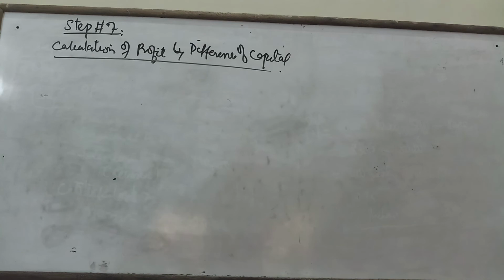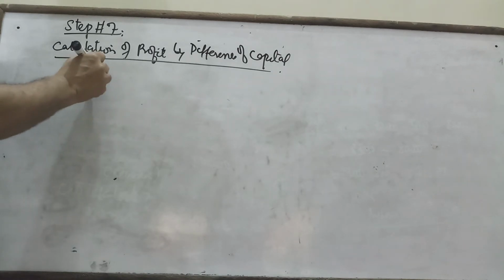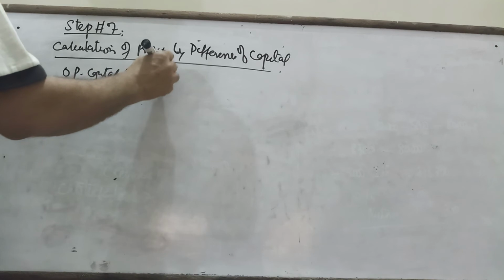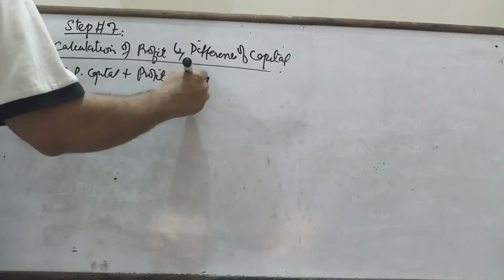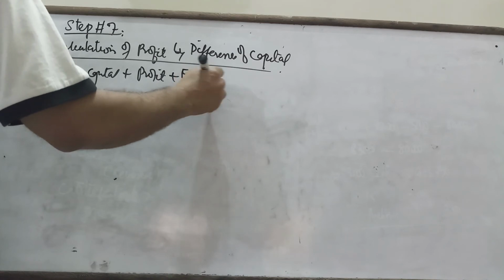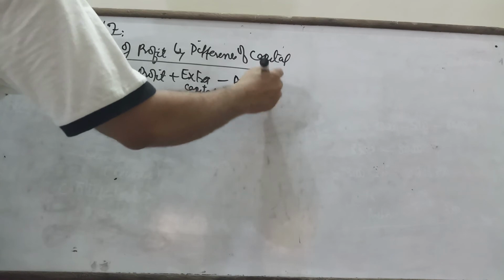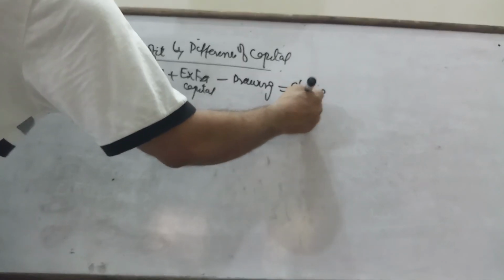When you prepare a financed-by section, we know that opening capital plus profit plus extra capital less drawings equals closing capital.